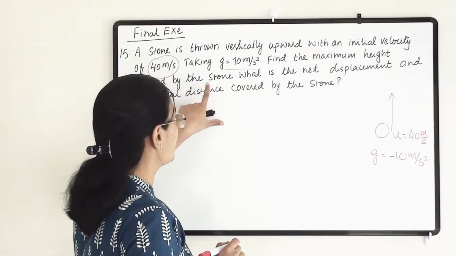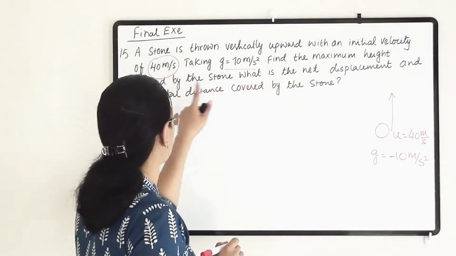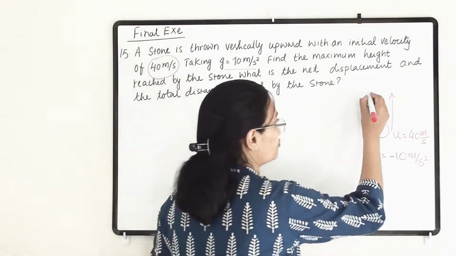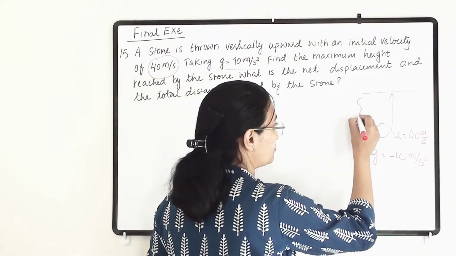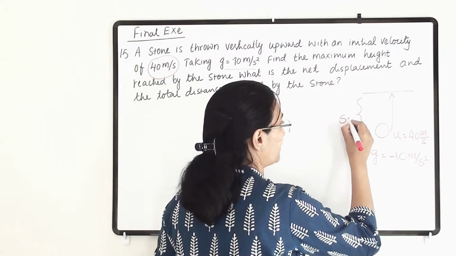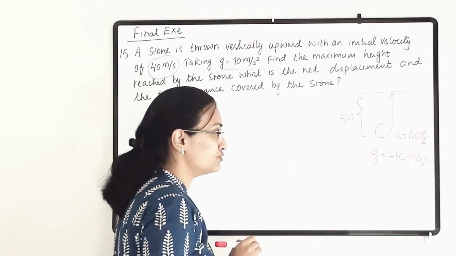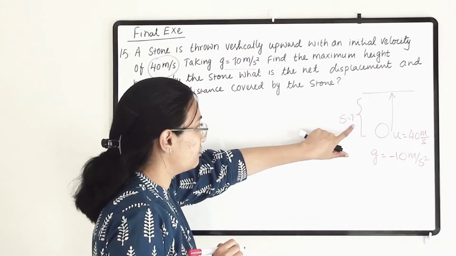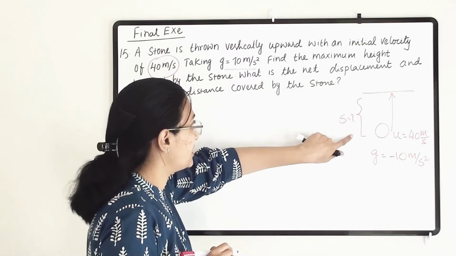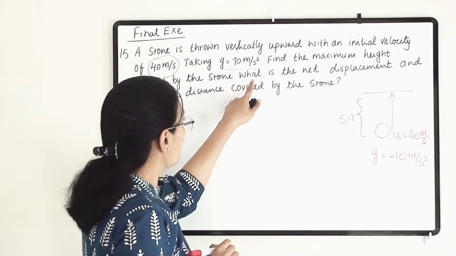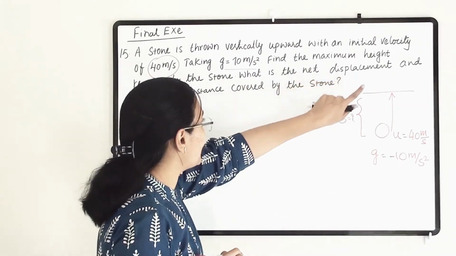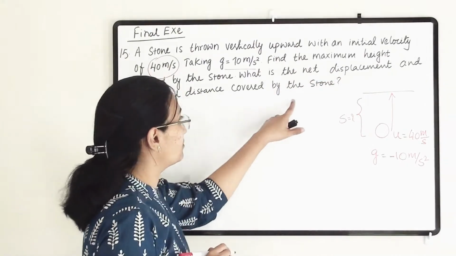We have to find the maximum height reached by the stone. So how much distance it will cover, that we have to find out. Height equals distance. So how much distance it will cover by reaching the top, that we have to find out. And what is the net displacement and total distance covered by the stone.